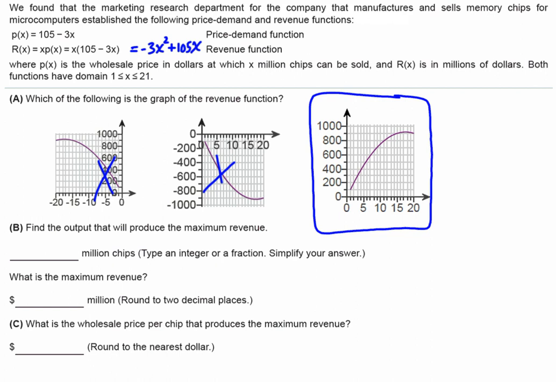Now we're going to find the output that will produce the maximum revenue. In a quadratic, we can find the maximum by negative b over 2a. Looking at our formula here, remember, ax squared plus bx, so a is going to be equal to negative 3 and b is 105.